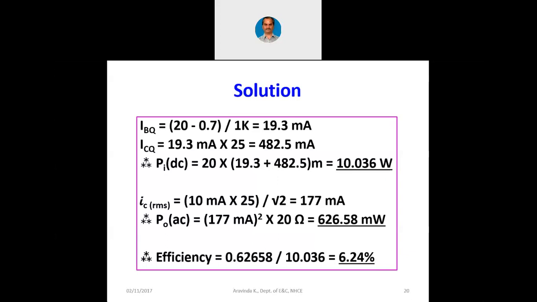We supply a large amount of DC power to the circuit, but the AC power which we get is a small percentage of the DC power. Now in this example, as it is only 6%, the remaining 94% power is simply wasted as heat. You already know that energy can neither be produced nor be destroyed, it can only be transformed.